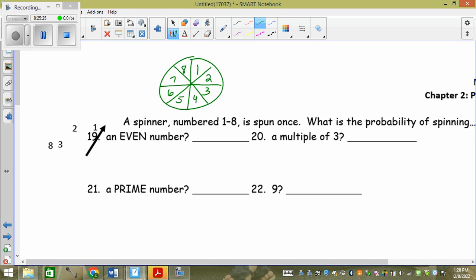And pretend those are equally likely, like that they're actually split properly, because mine are a little wonky. And it says here, what's the probability of spinning an even number? How many even numbers are there? 4 out of 8, which reduces to 1 out of 2. So you're doing all the way up to 22. Go all the way up to 22.